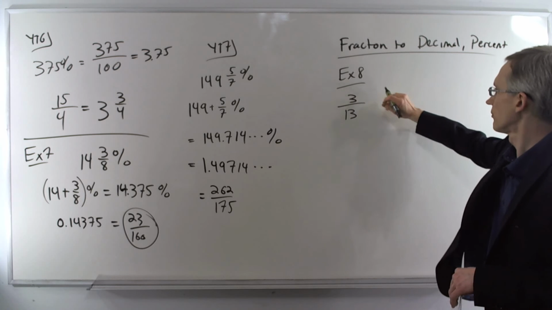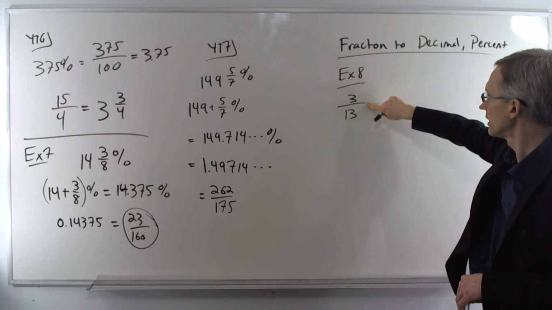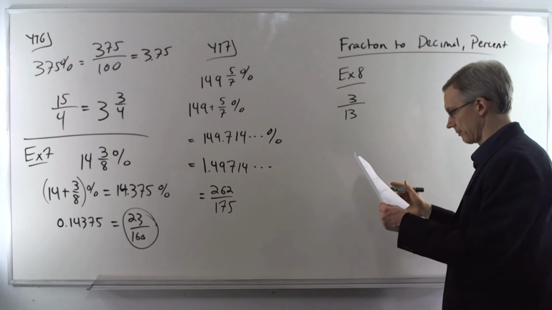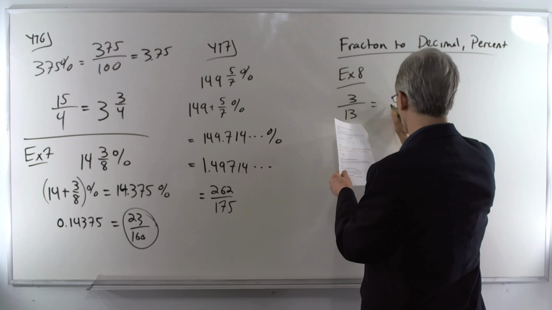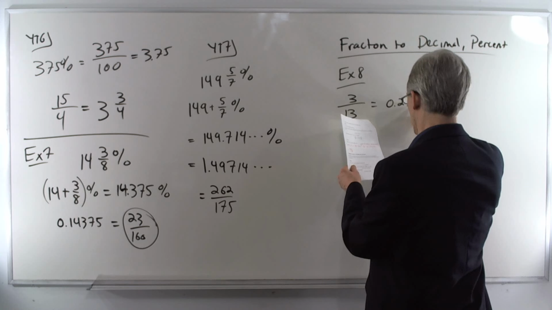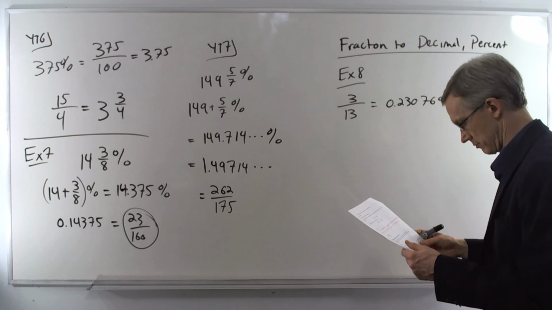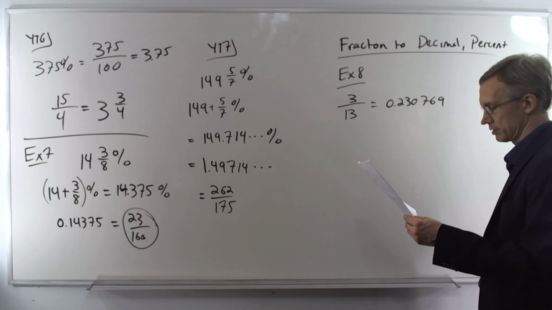So this is just straightforward. The fraction bar indicates division. So do 3 divided by 13 and get a decimal number. So we get 0.230769. All right, so there's the decimal.